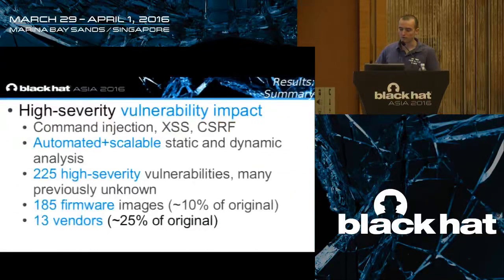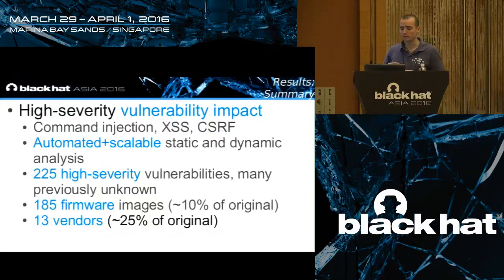So just to conclude the summary of the results, we found high impact vulnerabilities, command injection, XSS, CSRF, by using an automated and scalable framework, which applies both static and dynamic analysis and emulated and hosted approaches.